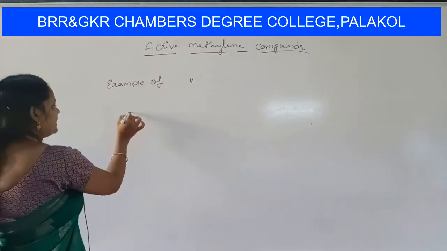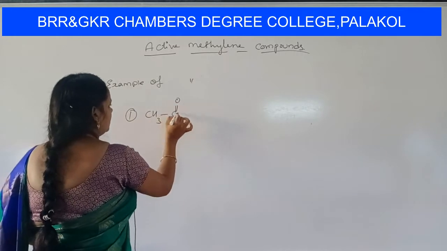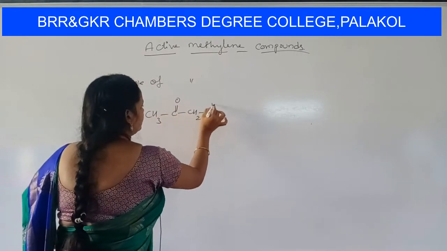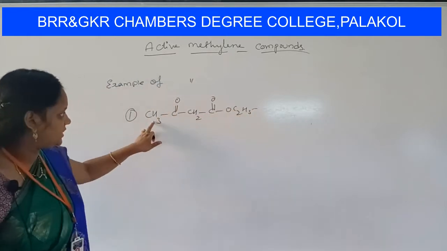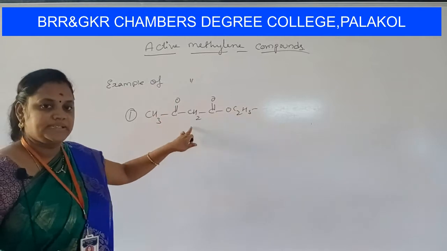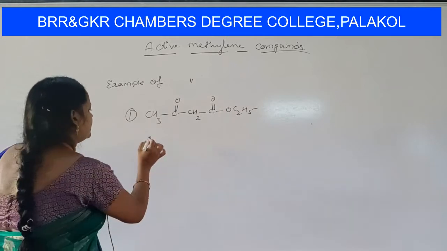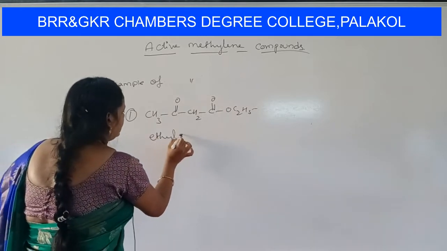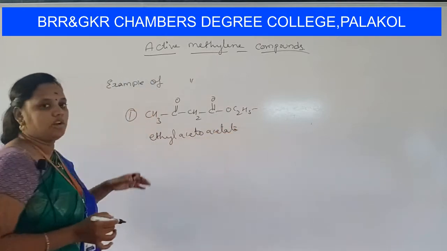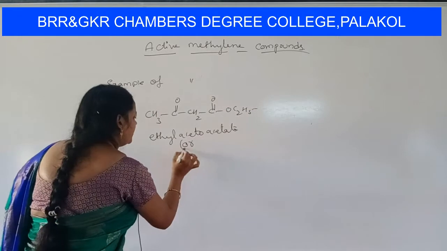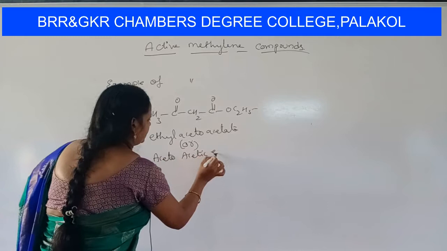The first example is CH3 C double bond O, CH2 C double bond O, OC2H5. This is ethyl acetoacetate, or we can also call it acetoacetic ester.